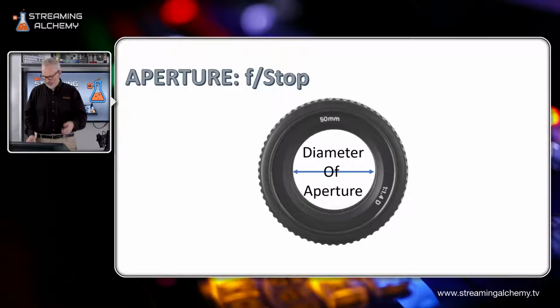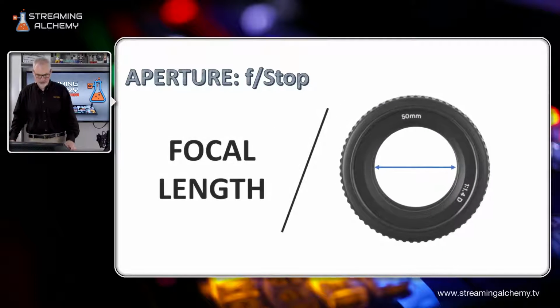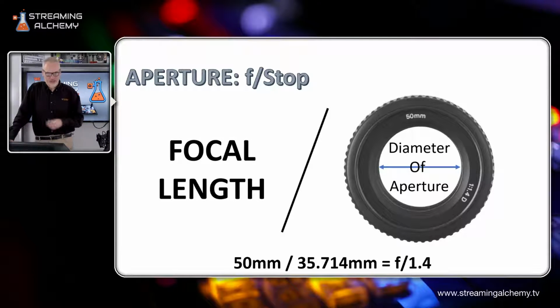But you're using that to divide the focal length. So in this case, since this is a picture of a lens which is 50 millimeters focal length and a 1.4 f-stop, this means that the diameter of the aperture is almost 36 millimeters. And that's fairly wide, when you're starting to look at the typical lenses.